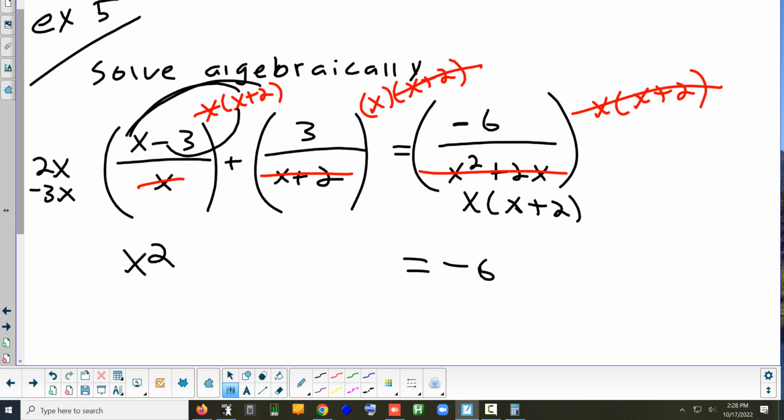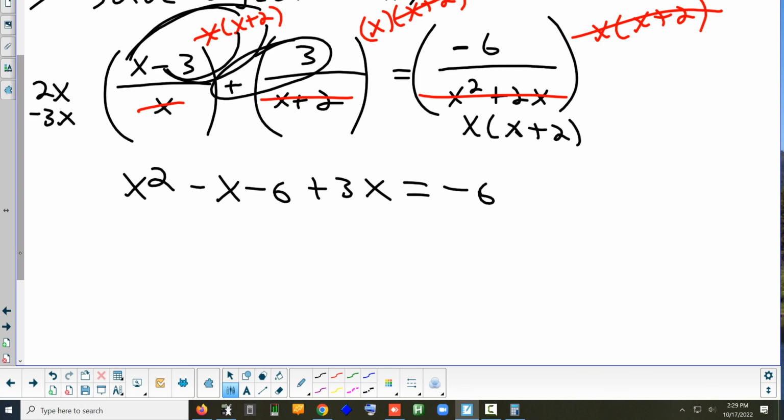So we can combine these together right now. What's 2x minus 3x? Negative x. And then negative 3 times positive 2. Negative 6. That's going to be nice in a second. You'll see why. And then here, positive 3 just times x. 3x.